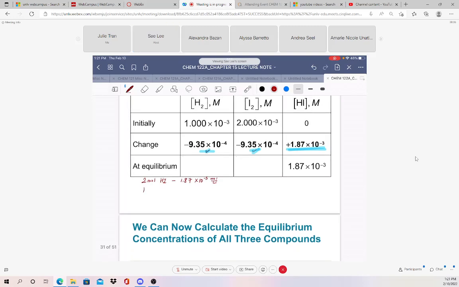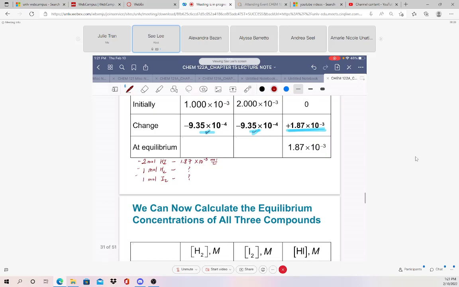Then how about 1 mole of H2? How much change is it going to experience? How about 1 mole of iodine? How much change is it going to experience? We just have to do simple math using these coefficients.